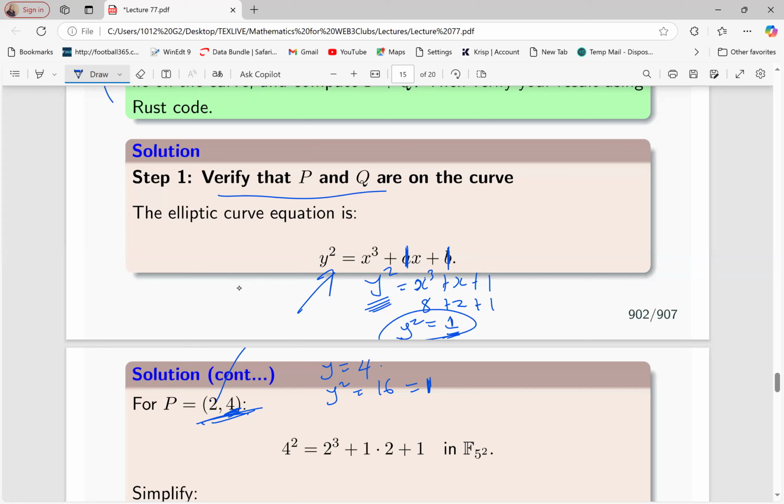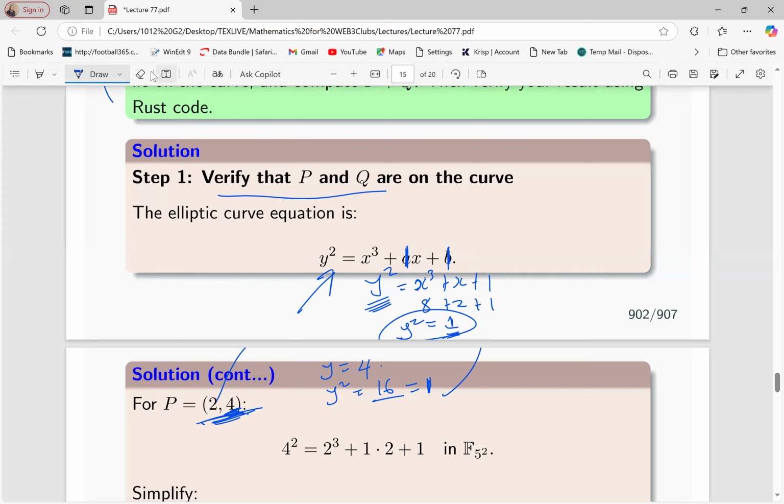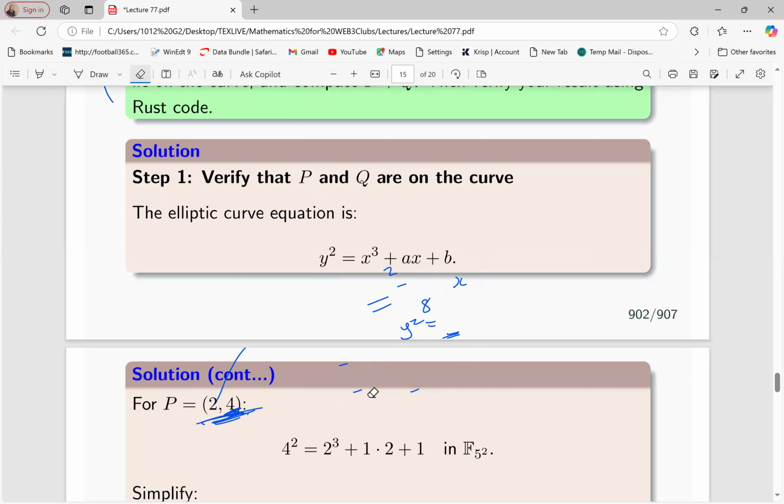And when we square the y that was given to us, it gives us the same y square. So it means it's true that this point is on the curve. So if you don't know if the point is on the curve, it's always good to verify.